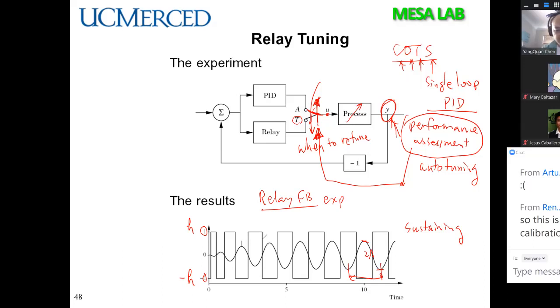That's very practical in the process industry. Make sense? So when you work with a commercial single loop PID controller, you will meet this. Control is not just designing a controller here. You also have the assessment part, the auto tuning part, and the decision making part, when to retune.